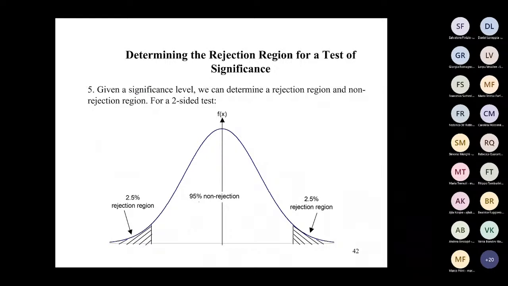Okay, now we have a rejection and non-rejection area. So here we have 0, and usually this is 1.96 here, 1.96 here.